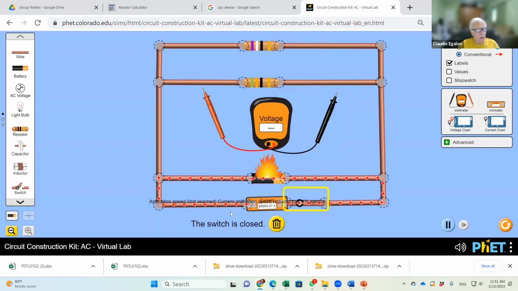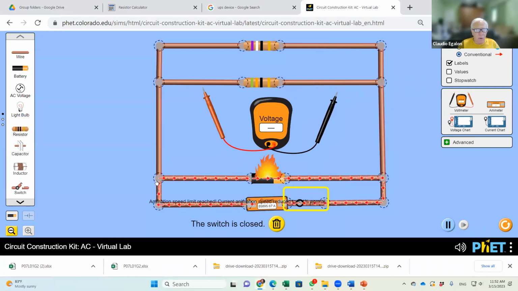Oh, look at my battery now. My battery is catching on fire, because I shorted my battery. The ammeter has very low internal resistance. Because the ammeter has very low internal resistance, when I connect the battery to a device like that, you produce a very high current.